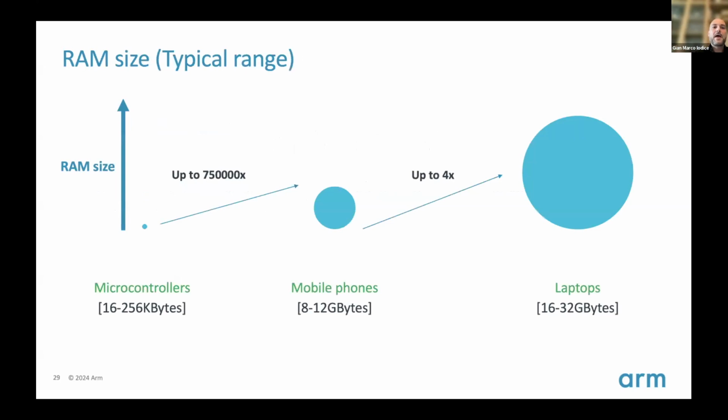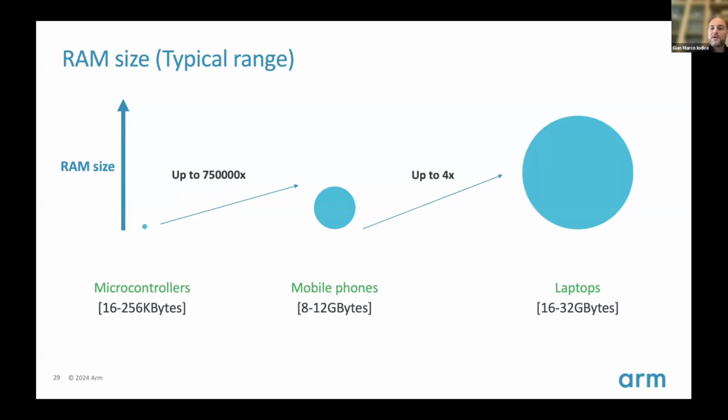And here I have reported a slide where I summarize the landscape of RAM size for microcontrollers, mobile phones, and laptops. I have voluntarily kept the cloud out because I wanted to focus just on the edge. On the left-hand side, you have the very edge, the TinyML space. On the right-hand side, you have the laptops, what we can consider an edge device.